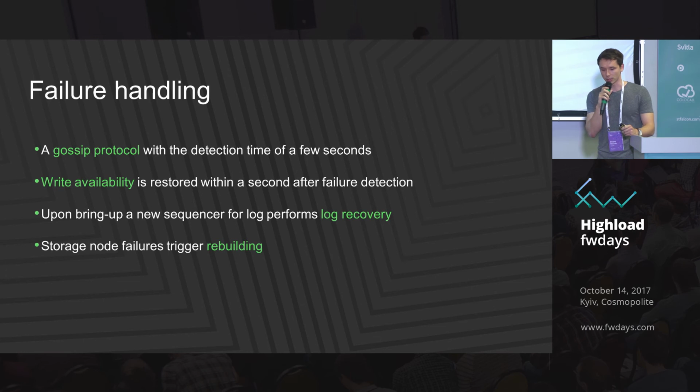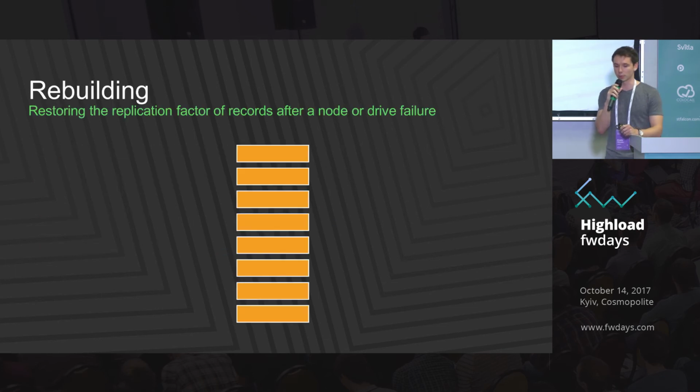And of course, there is rebuilding. It's an interesting process. If a disk or a node goes down completely, we can't recover data, so we have to rebuild it. We have to restore the replication factor of records after a node or drive failure.